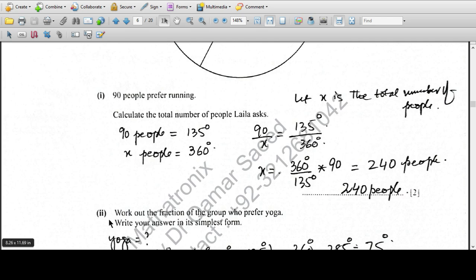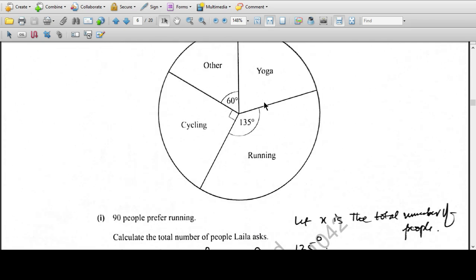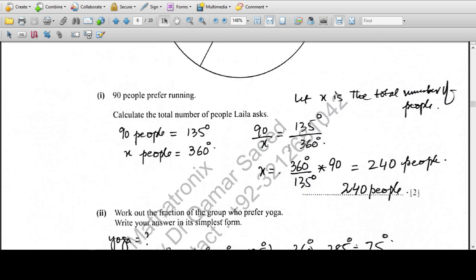Question number 2: work out the fraction of the group who prefers yoga. We have to find the angle of yoga in this total circle. This is 90, this is 135, this is 60 degrees. We add all these and subtract from 360, and we get the yoga contribution in degrees.